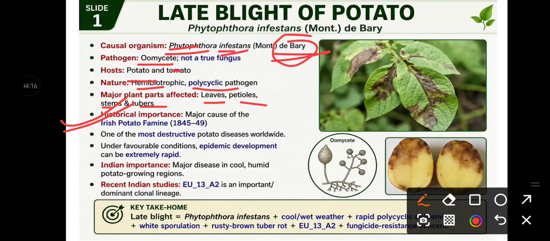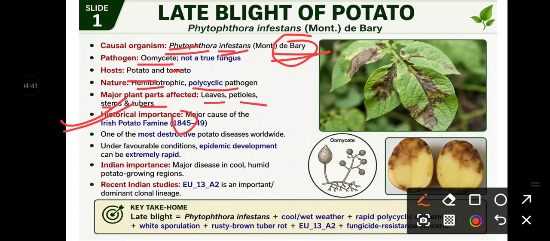And remember the year also. In which year did this famine occur? 1845. It is one of the most destructive potato diseases worldwide. Under favorable conditions, epidemics develop, and they can be extremely rapid. An example is the Irish potato famine.